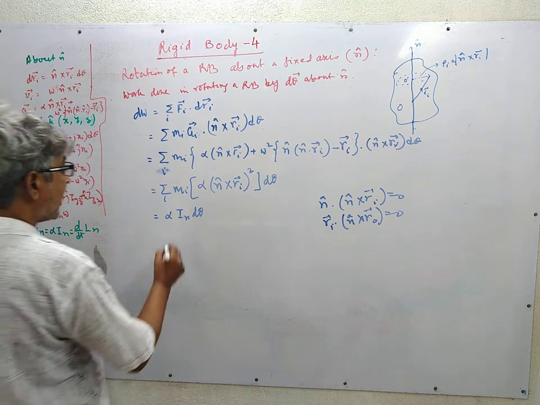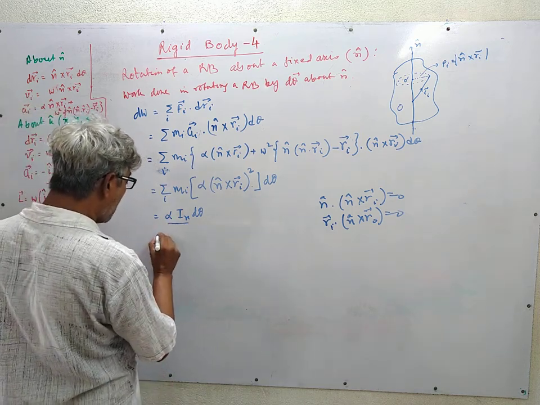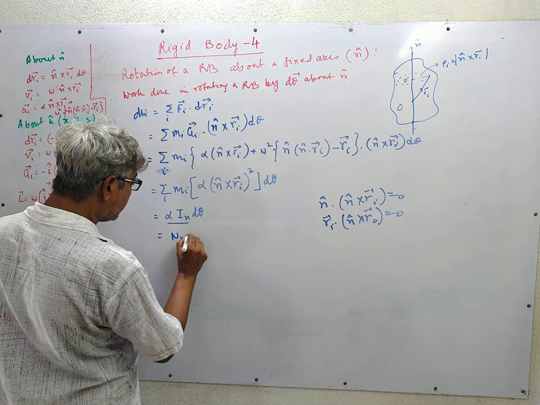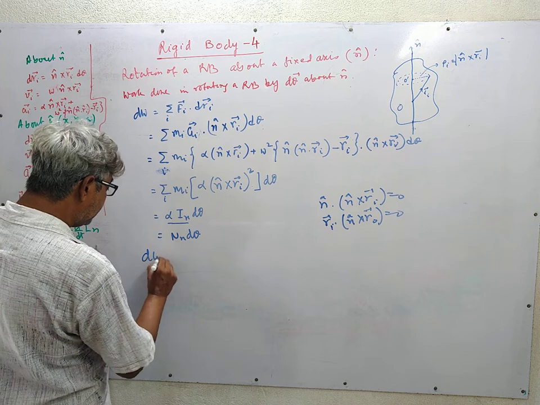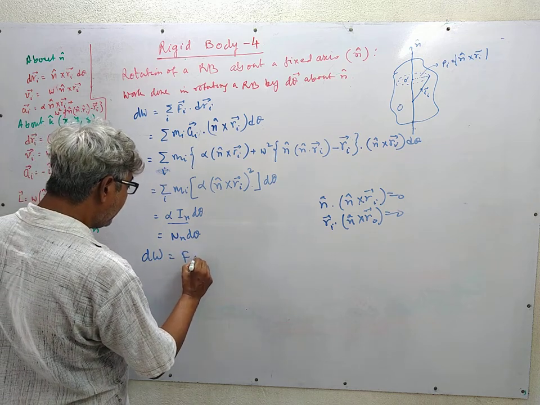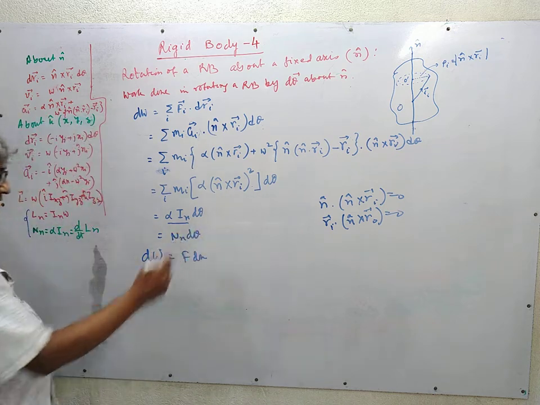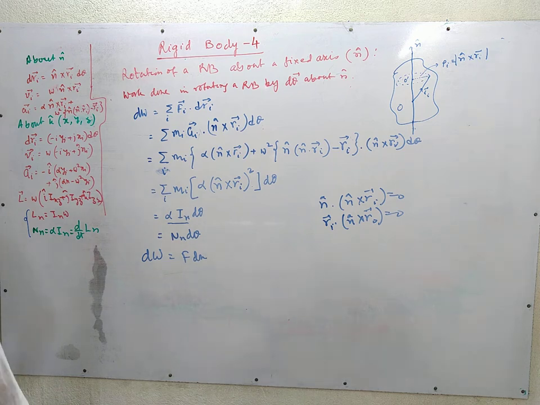Now you recall that this much is the n-th component of torque. So this resembles the relation that W is equal to F dx. So this relation holds for angular dynamics for the rotation of a rigid body along a fixed axis.